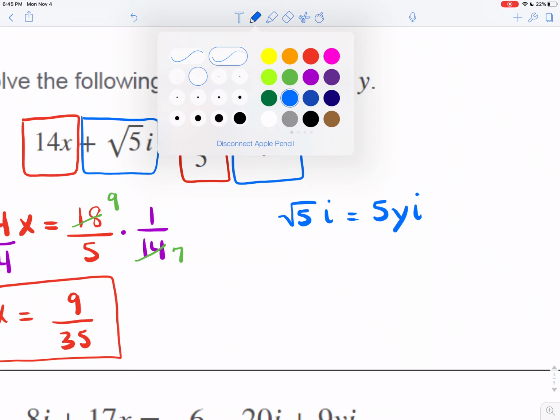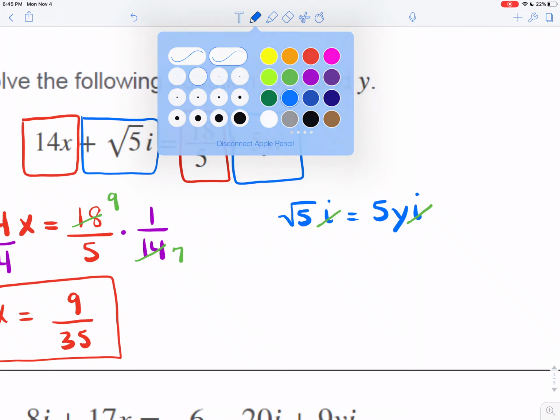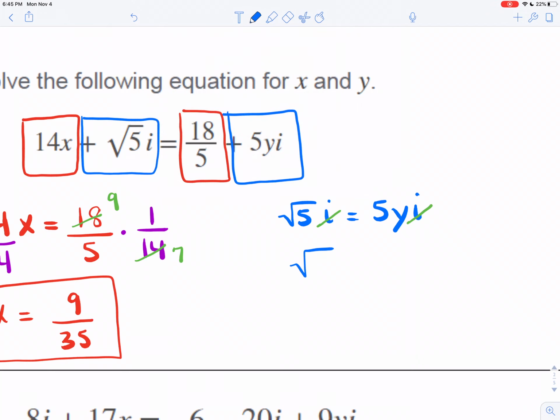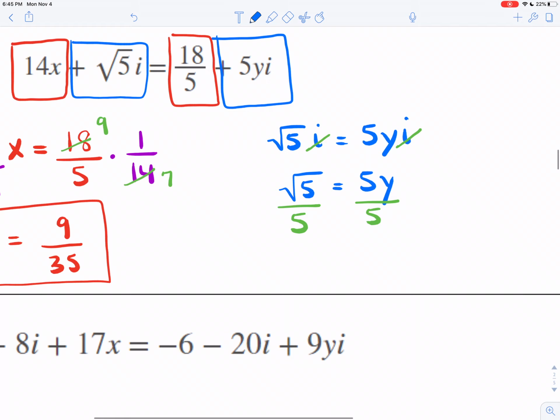When you set the imaginary parts equal to each other, the imaginary units are going to divide out, so those are gone. I'm looking at the square root of 5 is equal to 5y. If I want to solve this for y, I'm going to divide both sides by 5. And by looking at the imaginary parts, I see that the square root of 5 over 5 is equal to the value of y.